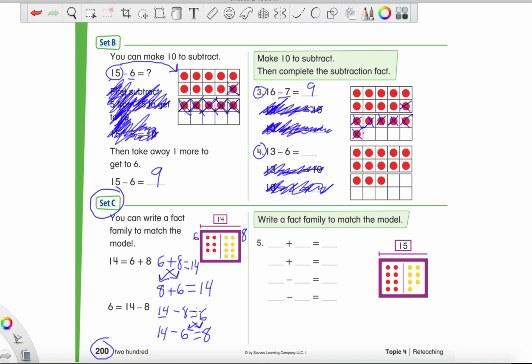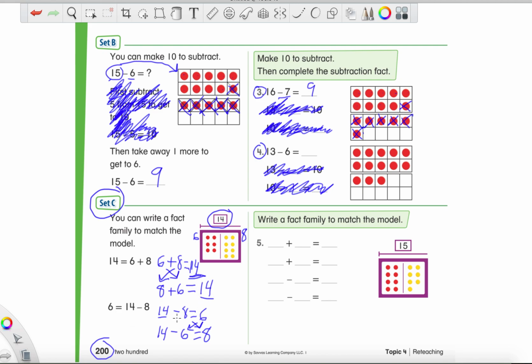So remember, I'm going to say this one more time very, very carefully. When we have fact families, for the addition part, the big number, this total at the top, is always after the equal sign. It doesn't change. You're only changing the small parts. See, the 14 and this 14, they're in the same spot.